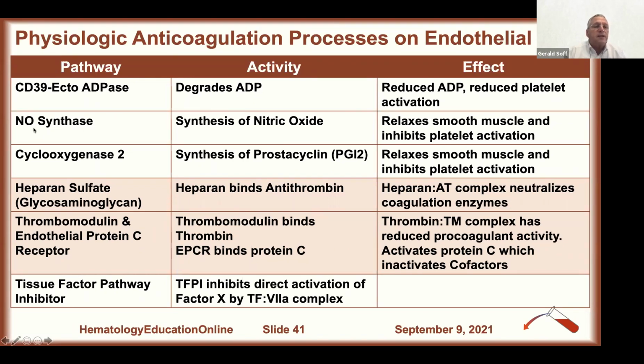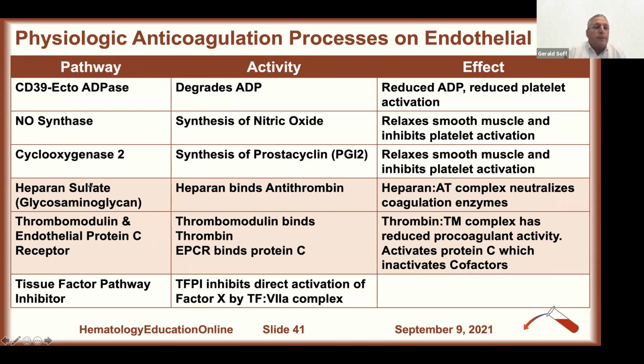Endothelial cells synthesize nitric oxide. Nitric oxide also inhibits smooth muscle contraction and inhibits platelet function. Cyclooxygenase reduces smooth muscle tension and inhibits platelet function. So these all work to inhibit platelets, which we're not going to discuss today.